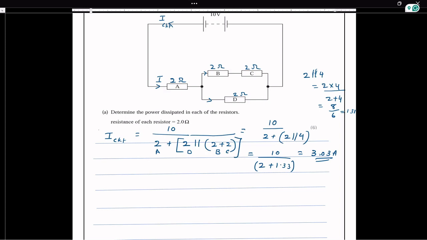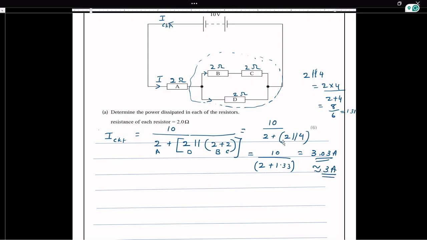So resistor A is in series with another loop. See, this is another loop. So that is 2 parallel 2 plus 2. So I'm getting a current of 3 point, let us take it as approximately 3 amperes.